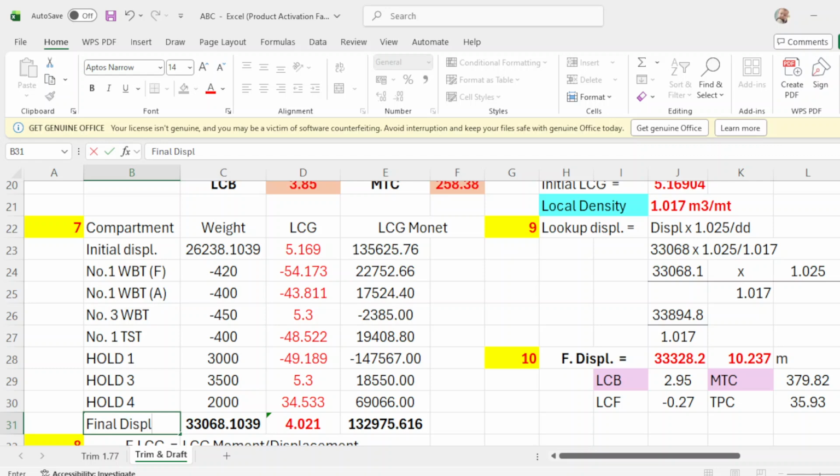Okay, it will be this one, 33068, and your total LCG moment is 138,132.975.